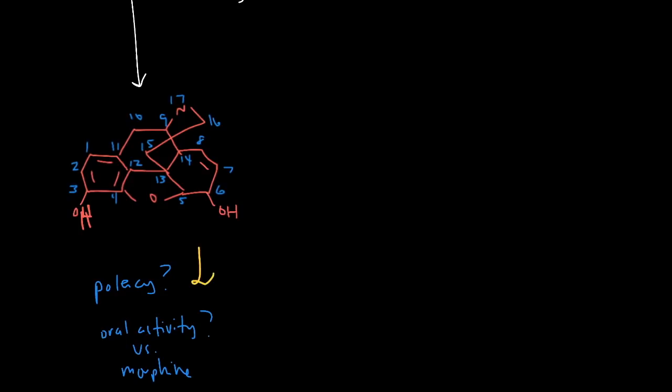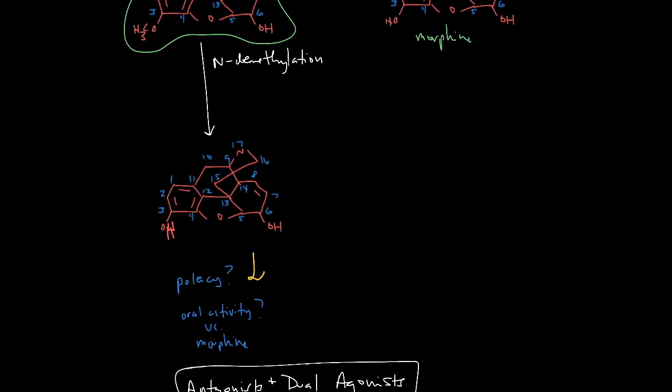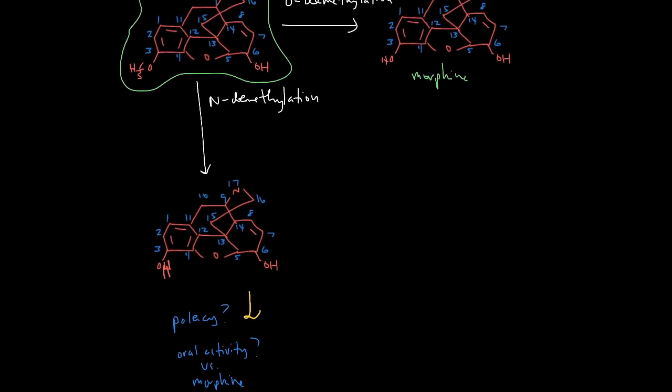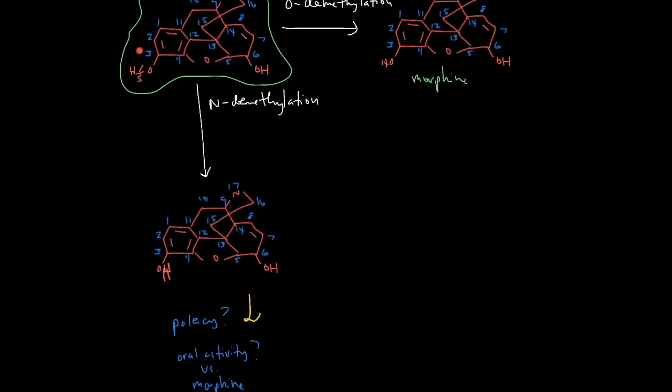Because remember, I said earlier that the 3 position prefers the hydroxyl group in order to bind to the receptor. Here, it's blocked by the methoxy group. Therefore, it's less potent because it does not have the 3 position hydroxyl to bind to the receptor.